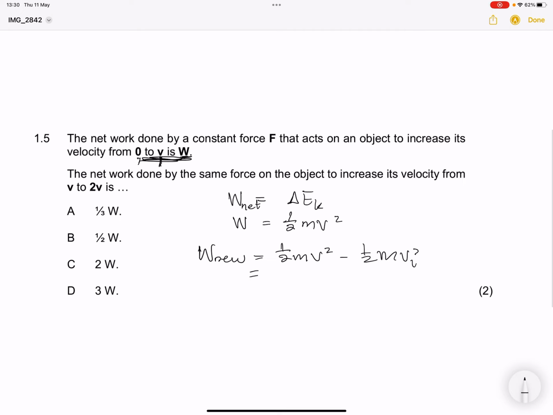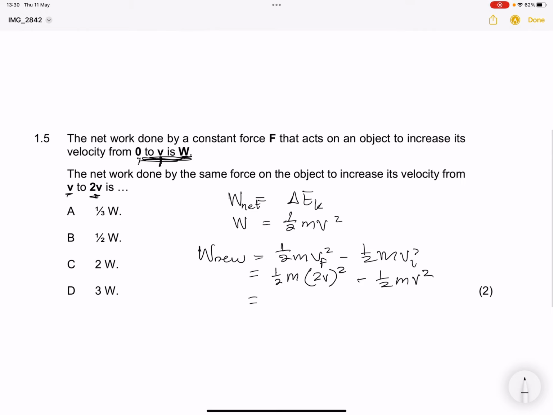But remember, what is our final velocity in this case? Our final velocity is 2v. So this is half m times 2v squared, minus a half m. What is our initial velocity? That's v. So that's half mv squared.